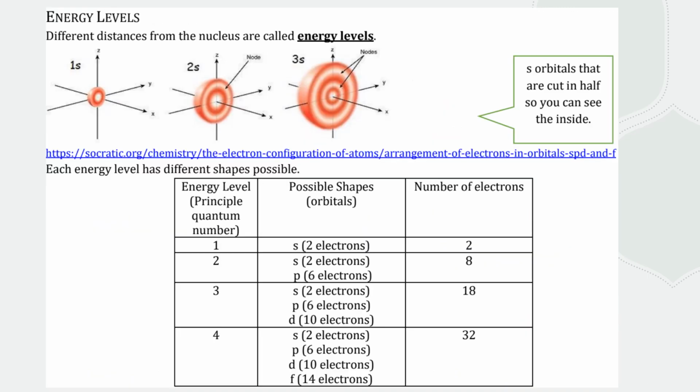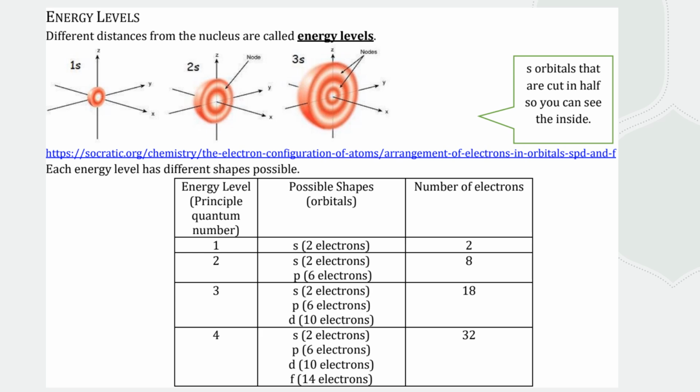So you have your energy levels, like 1s, 2s, 3s, 4s that we've talked about before. Each energy level has a specific number of electrons that can be held. In the s orbital, you can only hold two electrons. Notice how the principal quantum number is how many orbitals there are. In the p orbitals, you have up to 6.